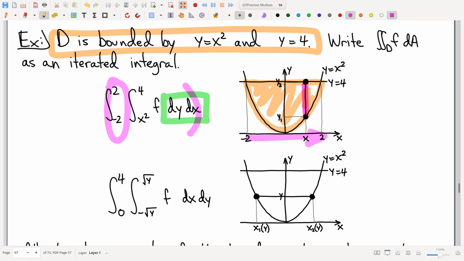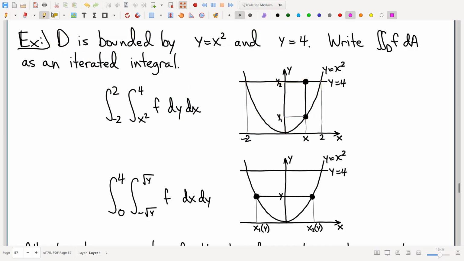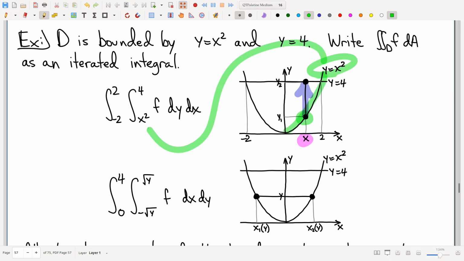And then for a given value of x, let me just clean up the picture. For a given value of x, y is going to go from here, which is on this curve, which has that equation, solve for y, to here, which is on that curve, which has that equation, solve for y.